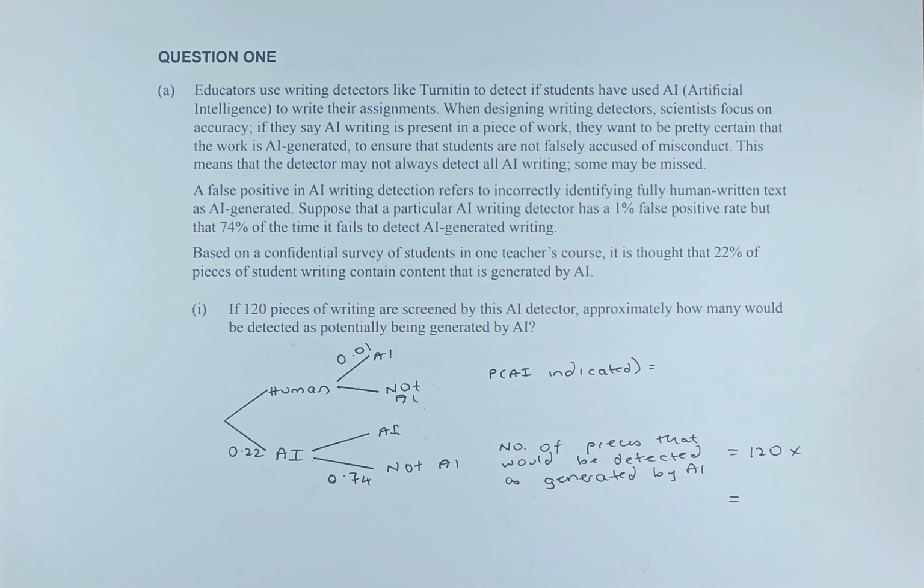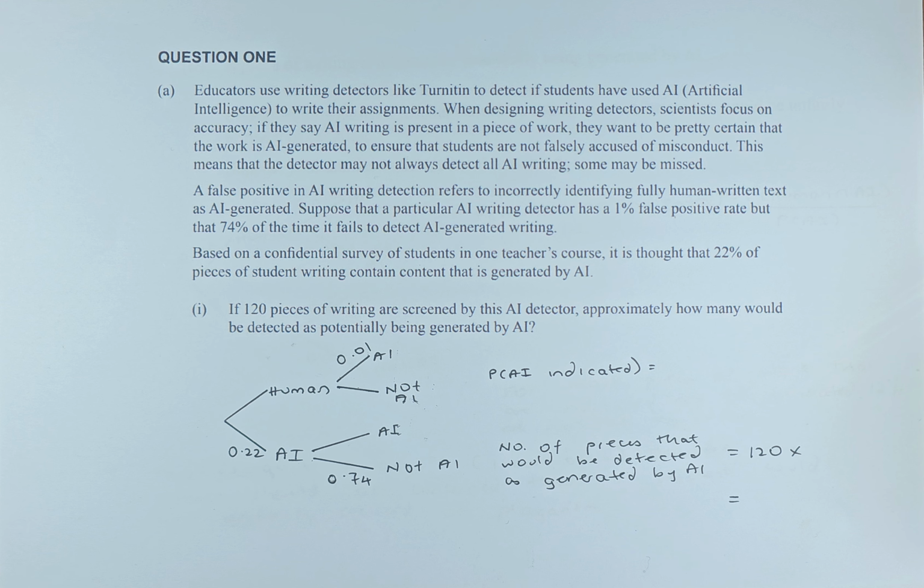A false positive in AI writing detection refers to incorrectly identifying fully human written text as AI generated. Suppose that a particular writing detector has a 1% false positive rate, but that 74% of the time it fails to detect AI generated writing. Based on a confidential survey of students in one teacher's course, it is thought that 22% of pieces of student writing contain content that is generated by AI.